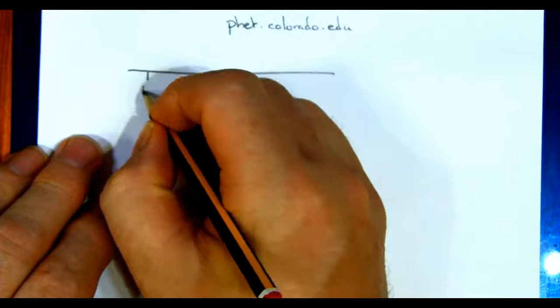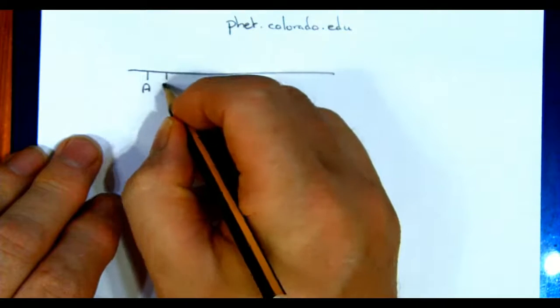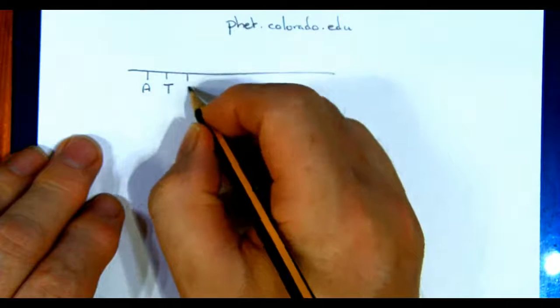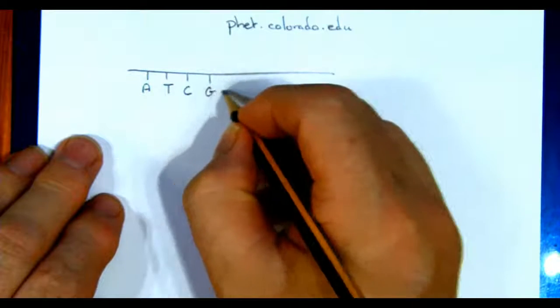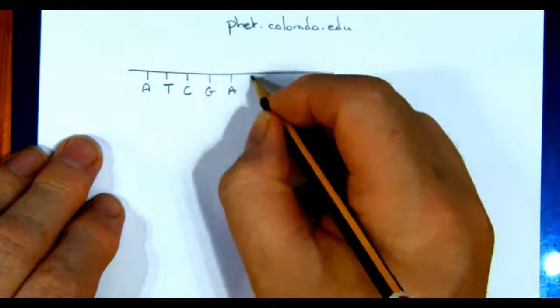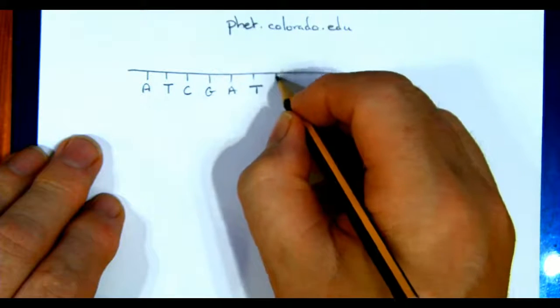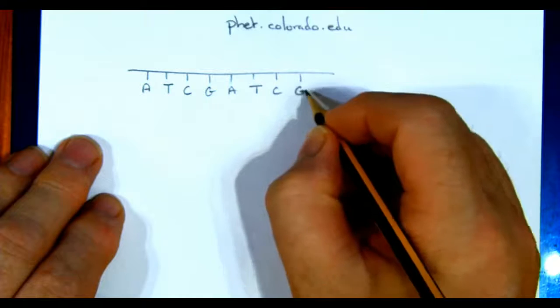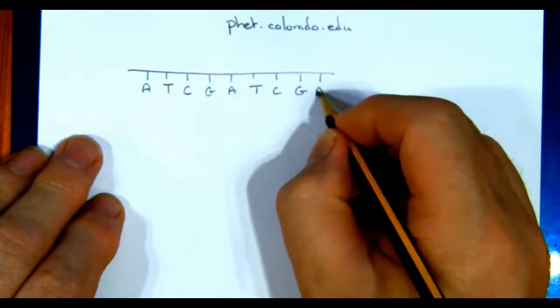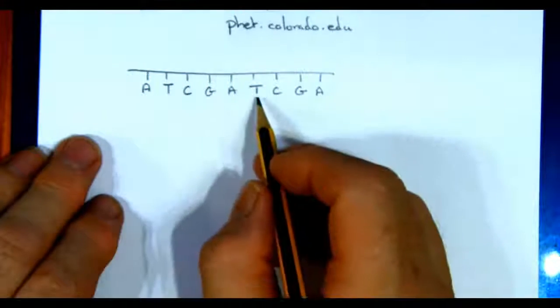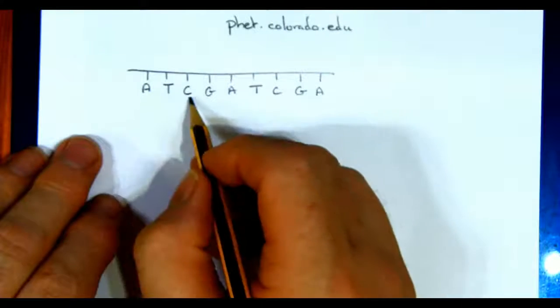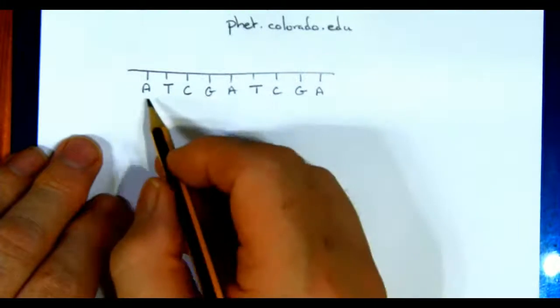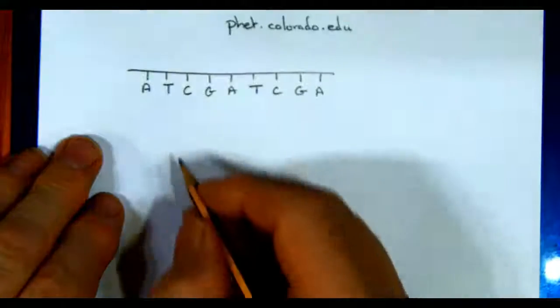Let's give myself a little piece of DNA. I haven't got the most imaginative piece of DNA here, but we've got something. I've got here 3 sets to code for 3 different amino acids.